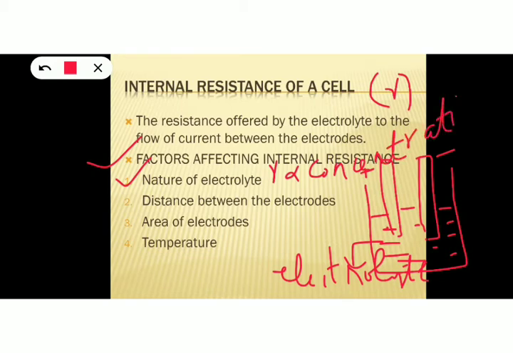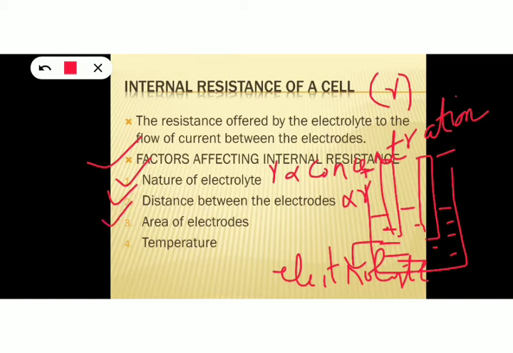Okay, and the second factor is distance between the electrodes. So the internal resistance r is directly proportional to distance between the electrodes. When the distance between the electrodes increases, internal resistance also increases. Then area of electrodes. Internal resistance is inversely proportional to area of electrodes.